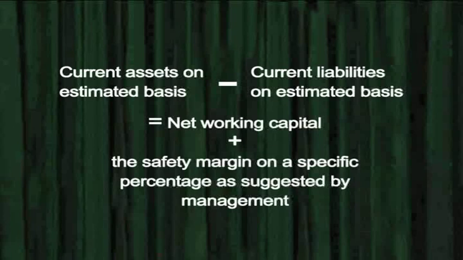Then we have to add the safety margin on a specific percentage as suggested by the management, and then we will get the total working capital. Now step by step we have to find out each segment, that is estimated current assets we have to find out using the suitable formulas as have been drafted. So let's see how it goes on.